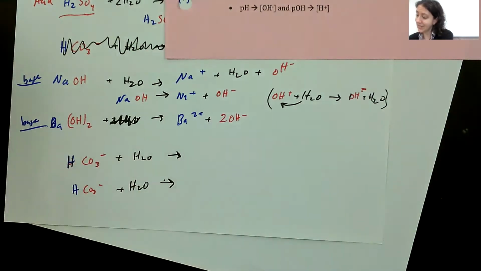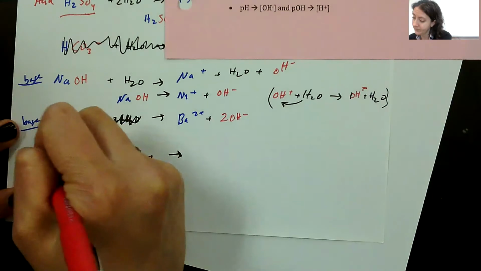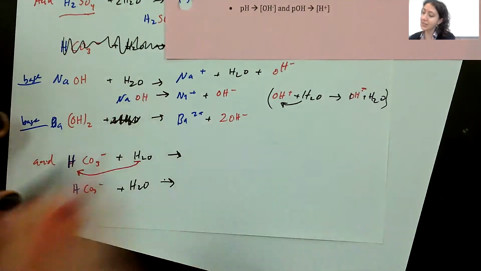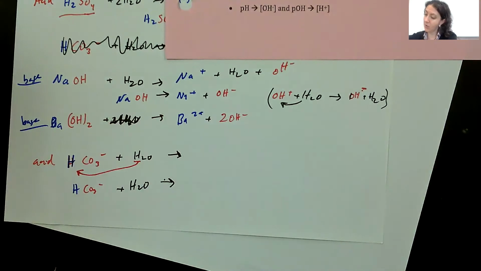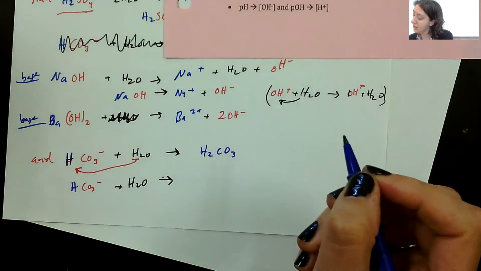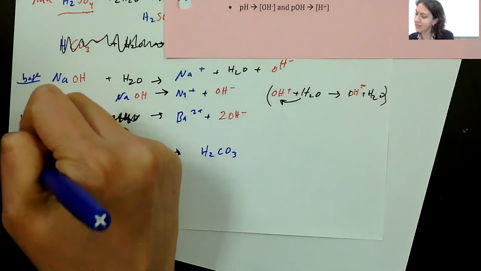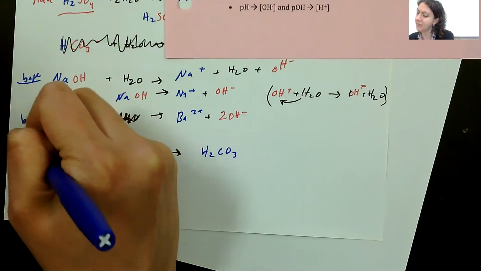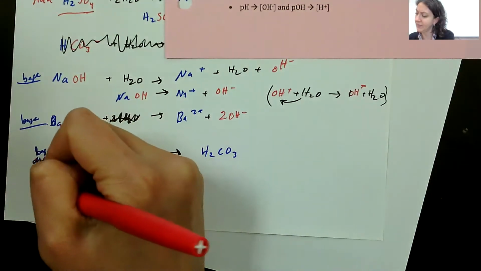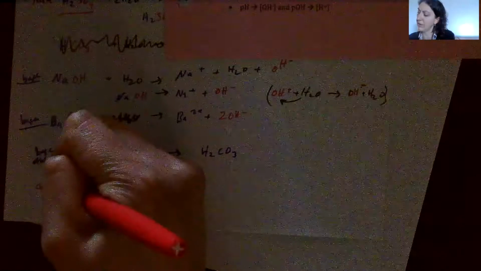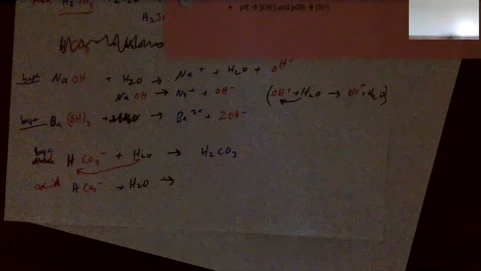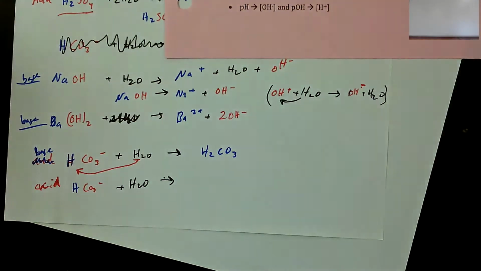So if it were to act as an acid, it would take one of these hydrogens and just steal it. So we would end up with H2CO3. I'm sorry, that's when it's acting as a base. Sorry, bases accept them. Let's switch that around since I already did it this way. Sorry, acids donate, bases accept. Hopefully I caught it pretty quickly.